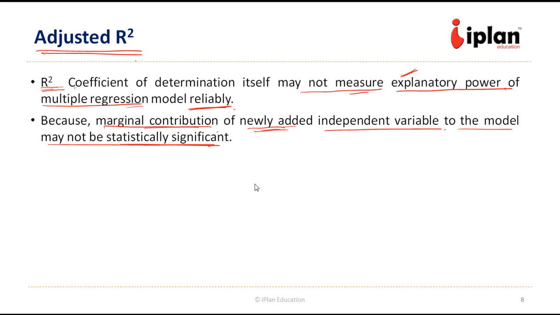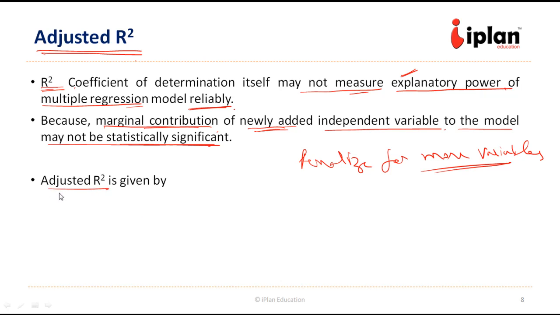So for that we need a formula for adjusted R square which penalizes for a larger number of variables. We are preferring the number of independent variables to the level they are contributing significantly to the model. So if a new variable is not adding any value to the model, we ignore it.